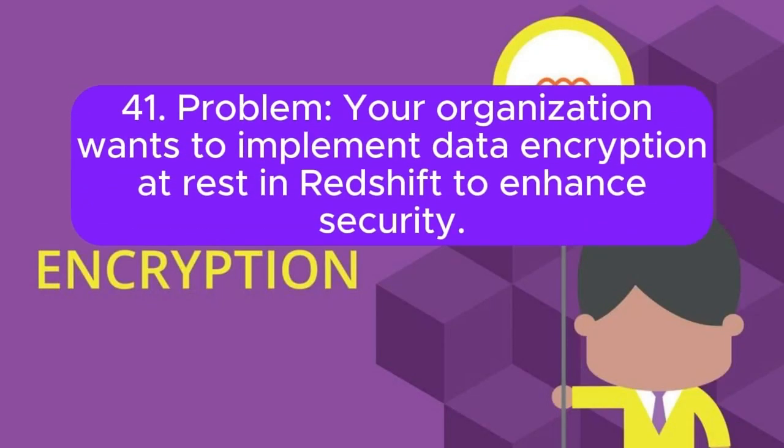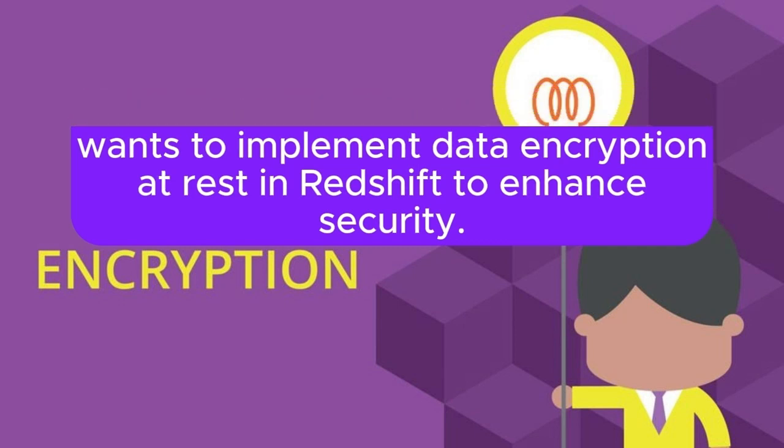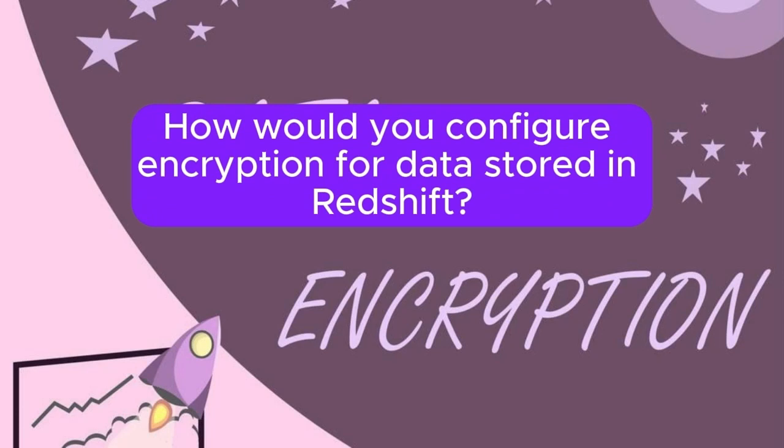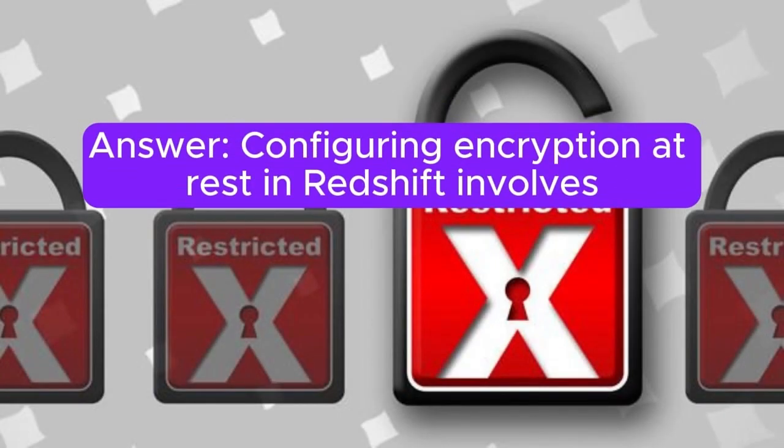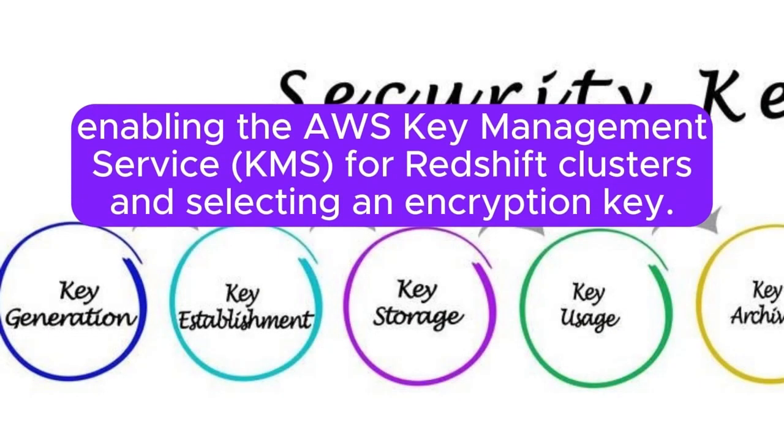41. Problem: your organization wants to implement data encryption at rest in Redshift to enhance security. How would you configure encryption for data stored in Redshift? Answer: configuring encryption at rest in Redshift involves enabling the AWS Key Management Service (KMS) for Redshift clusters and selecting an encryption key.